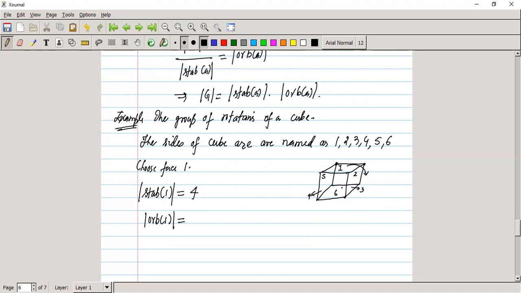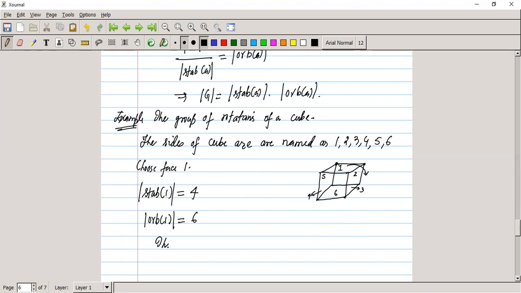And similarly, we can make the rotations either horizontally or vertically, and we can visualize that 1 can be kept fixed by making no rotation, a 0-degree rotation, and 1 can be moved into any other face by some rotation. So therefore it means that the order of the orbit of 1 will be equal to 6.